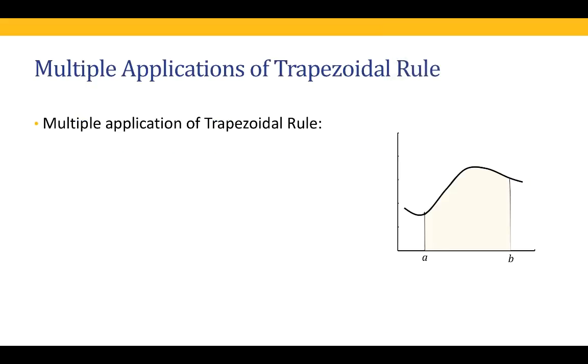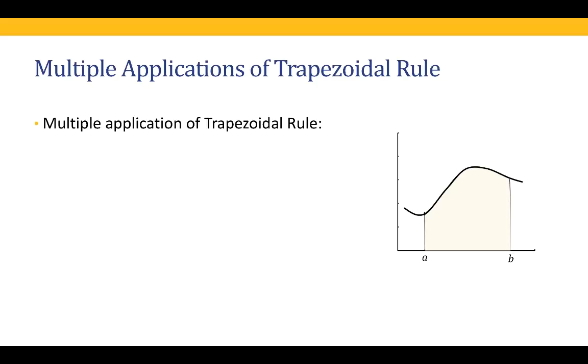If you recall from the previous lecture, integration is nothing but finding area under the curve f of x between points a and b. We applied trapezoidal rule in order to calculate this area, and we found that the errors can be quite high in using a single application of trapezoidal rule.